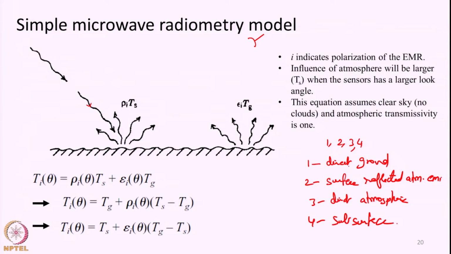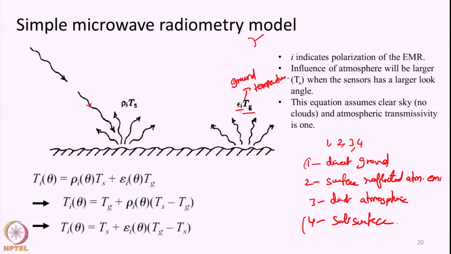If we combine path 1 and 4, the direct ground and subsurface emission, as one, because both of them indicate the signal from the ground, then we will discuss the total signal that is going to move towards the antenna from the ground surface. Okay. So, here we have a land surface with a temperature Tg, the ground temperature. We have labeled it as Tg.